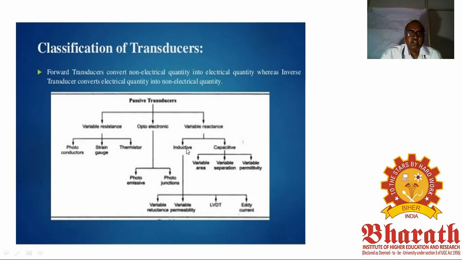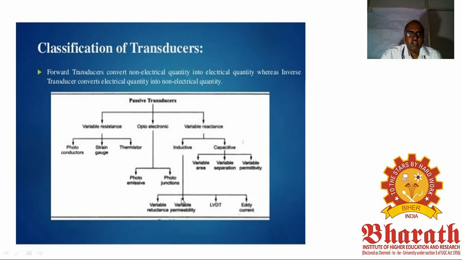The variable reactance transducers that are inductive in nature are given by a formula. We can assume the inductance is equal to N square by S, where N is the number of turns and S is the reluctance. If you go further into what reluctance is, S is equal to L by mu A, where L is the length of the magnetic path, mu is permeability and A is the area.